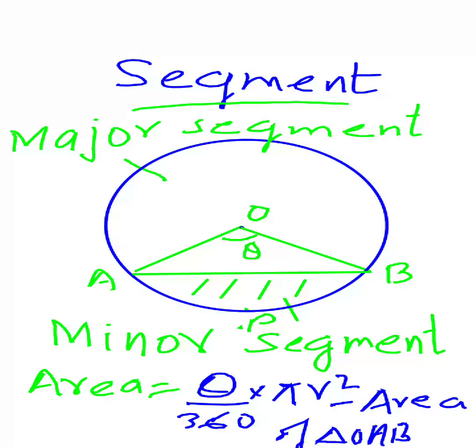Okay, in that way you'll get the area of this minor segment. Getting it? Making some sense? Theta divided by 360 into pi r square minus the area of the triangle OAB.